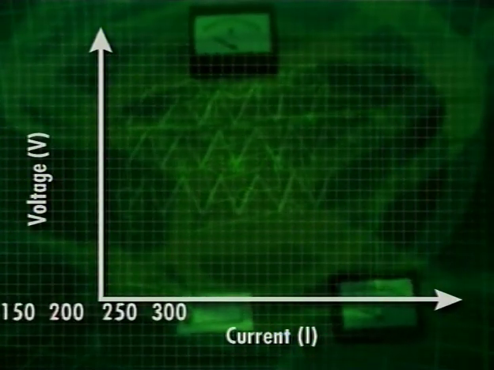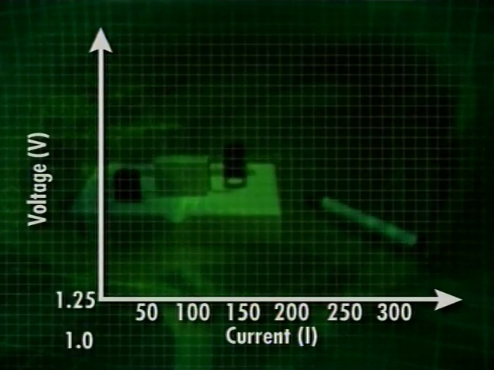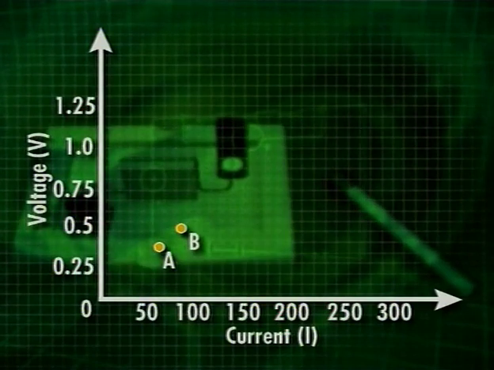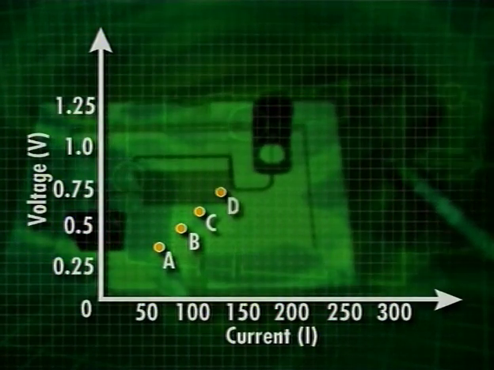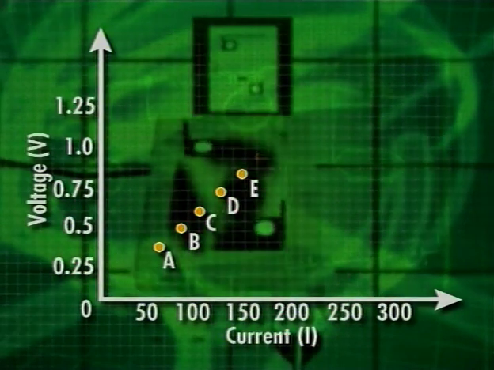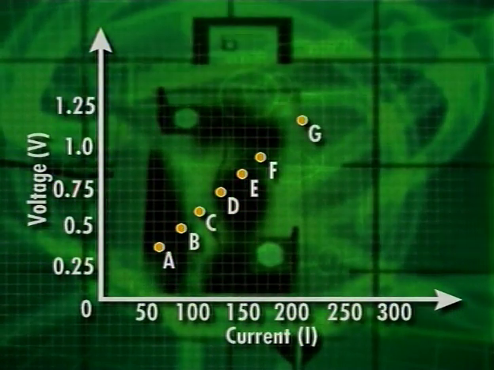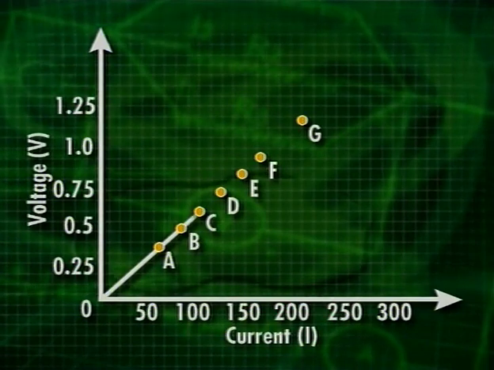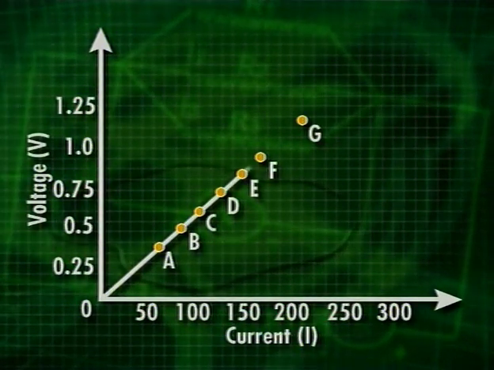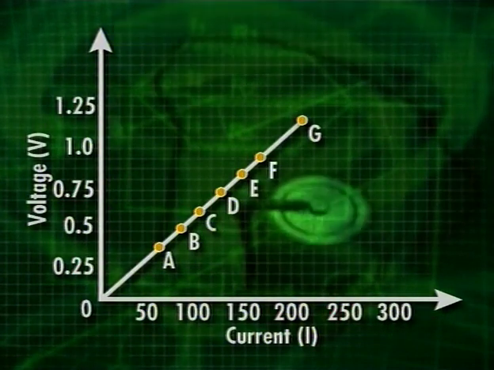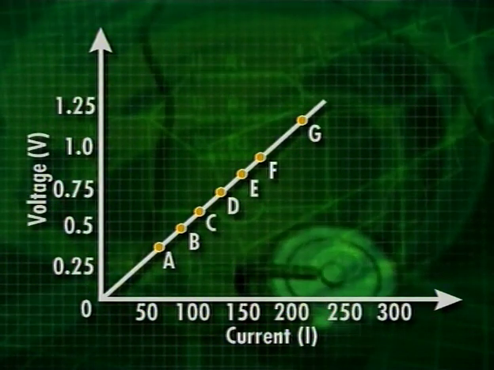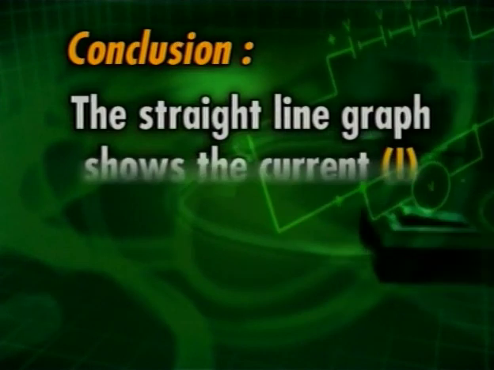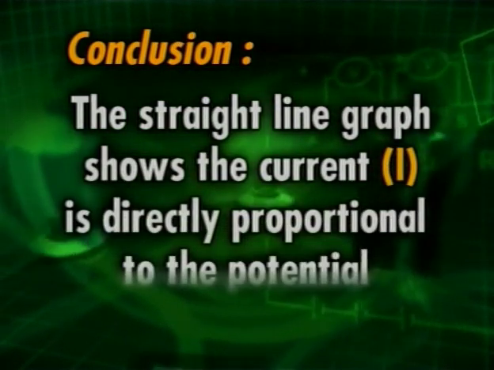On plotting the successive values of current and the corresponding values of voltage, we get the points O, A, B, C, D, E, F and G. We now join the points O, A, B, C, D, E, F and G. A straight line graph is obtained. Conclusion. The straight line graph shows the current I is directly proportional to the potential difference V.